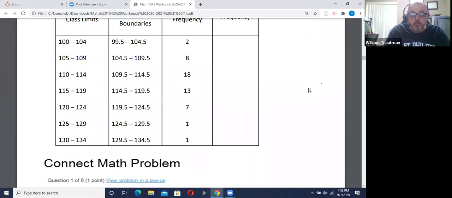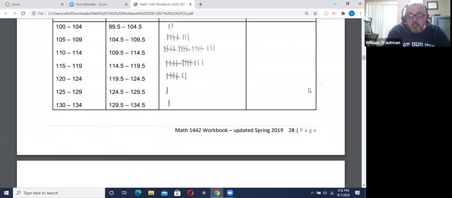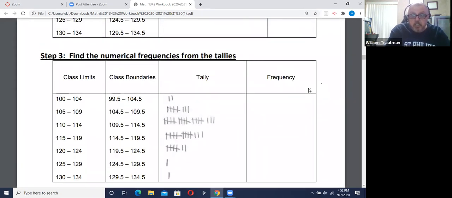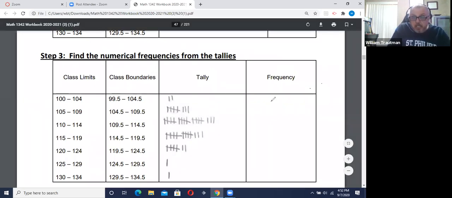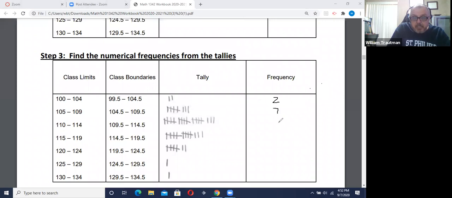So that's really important. This is what the frequency looked like. Once again, 2, 7, 18, 13, 7, 1, and 1, and it added up to 50.